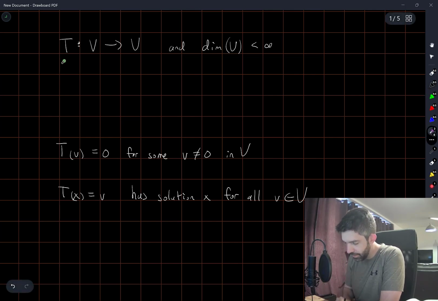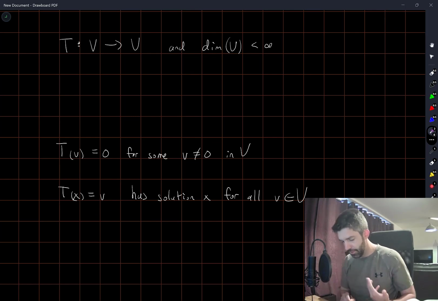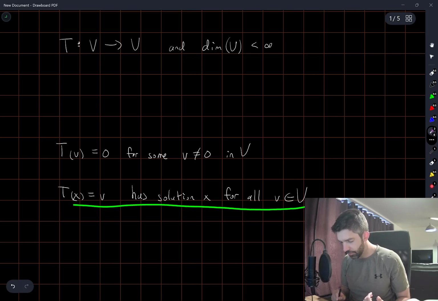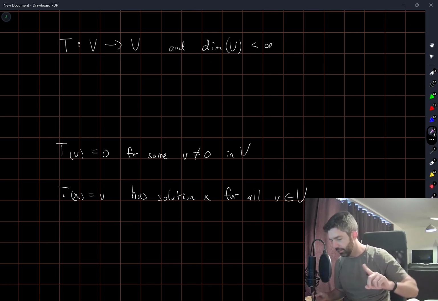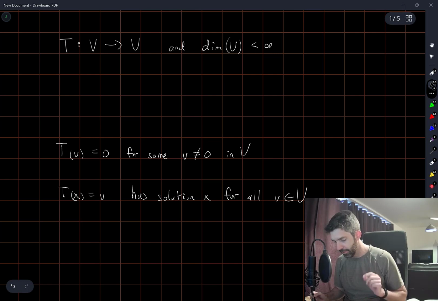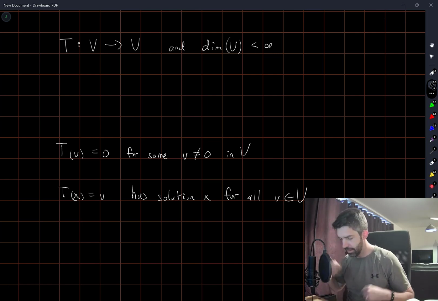When you have this in mind, you don't actually need to specify that this equation has a unique solution. If there's always a solution to this equation and T is mapping V to itself with a finite dimension, then that will in fact imply that the solution is unique.